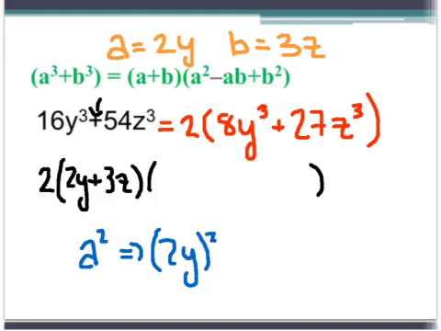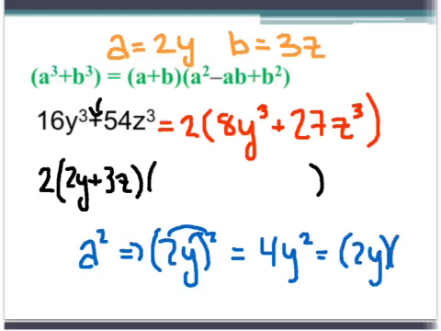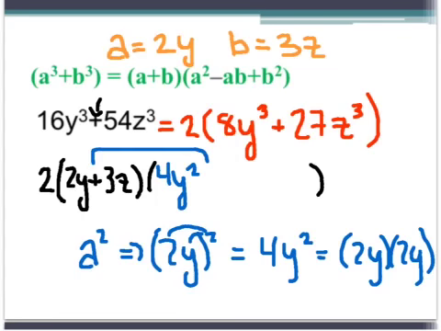If you forget your exponent rules, that it distributes to both, and you know that it's 4y squared, just remember that's 2y times 2y, right? Which gives us 4y squared. So I get a 4y squared here. These guys are always opposites, so it's going to be minus. Now I need to take these two and multiply them together, so I get a 6yz.